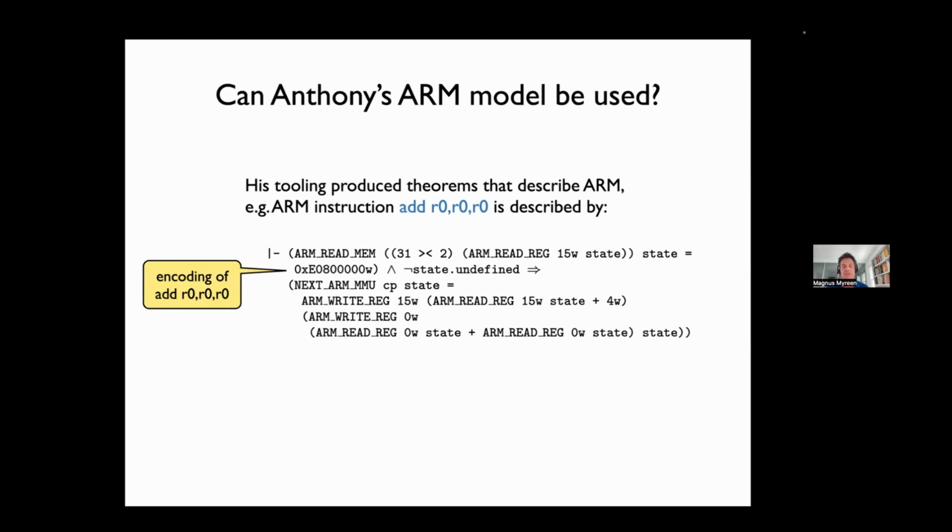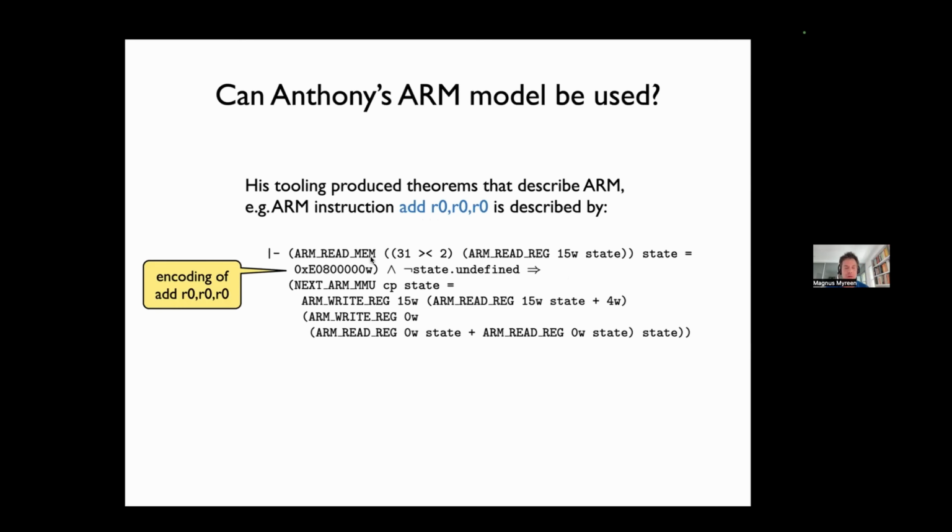Anthony had tools that could, for instance, take a very simple instruction: add r0, r0, r0, so add the value of register 0 to register 0 and store the value in register 0. If you gave this to his proof automation, it could produce this kind of summary.